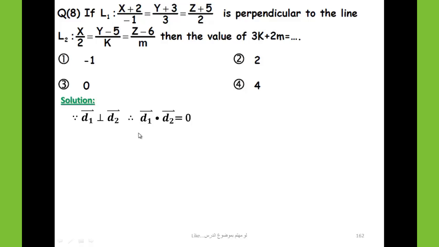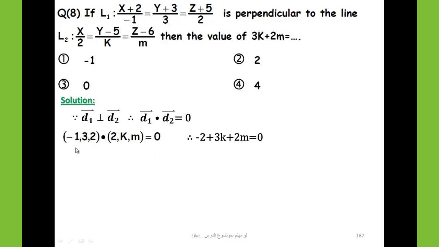It means D1 dot D2 equals 0. Negative 1 multiply 2 plus 3 multiply k plus 2 multiply m equals 0. It is a scalar product. So negative 2 plus 3k plus 2m equals 0.